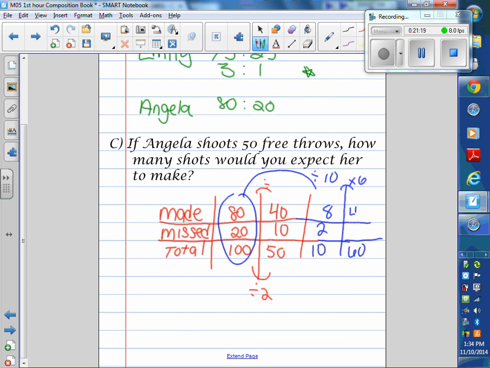So if she shoots about the same all the time, for 80% of the baskets she makes, if she shot 60 baskets in all, she probably would make about 48 of those shots. That's pretty good, you guys. Free throws. She could have a bad day. Yeah, right. But this is just the prediction.